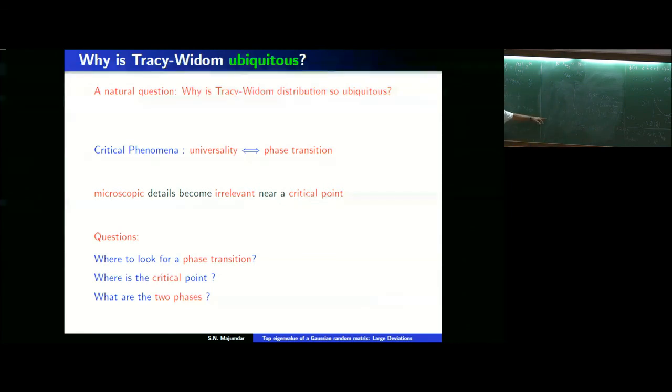So think of these lambda_i's as a function of time t. Each of the eigenvalues will propagate in time, but they will never cross each other because of this term here. This is a repulsion term. So they will never cross each other, and they are sitting in an external potential.